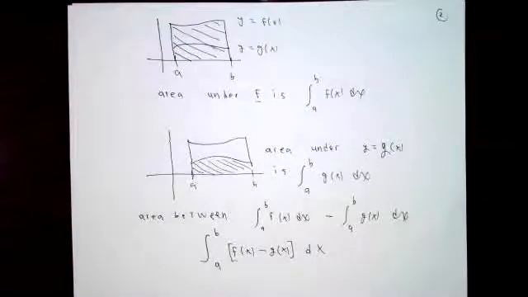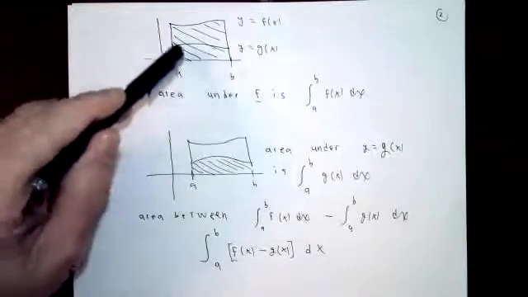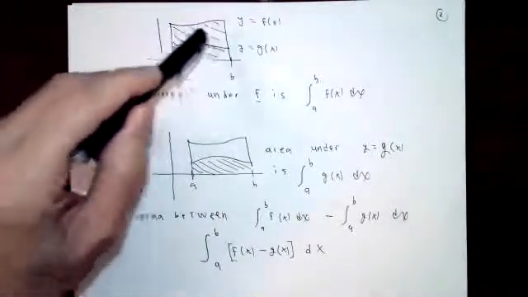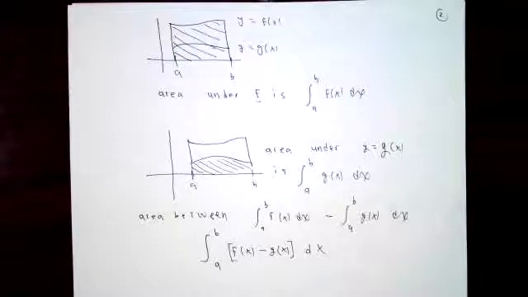Now, as I said, we already know how to solve this problem under certain situations. If both functions f and g take on only positive values on the interval we're interested in, then the area under the f curve would just be the integral from a to b of f of x with respect to x.